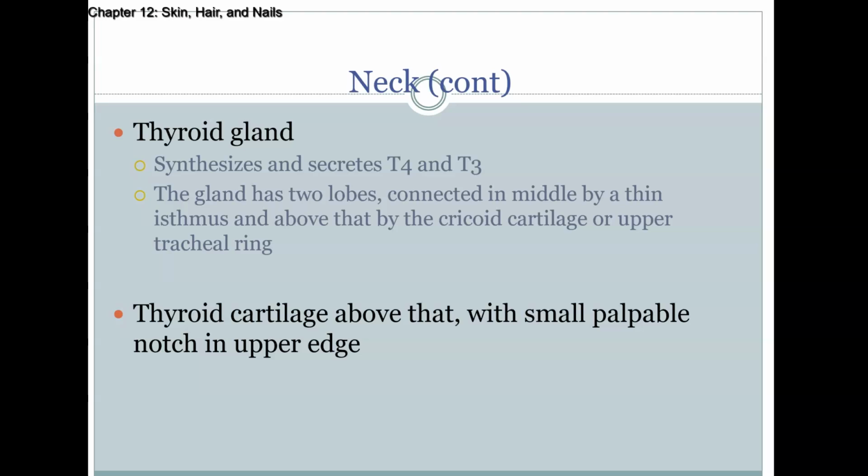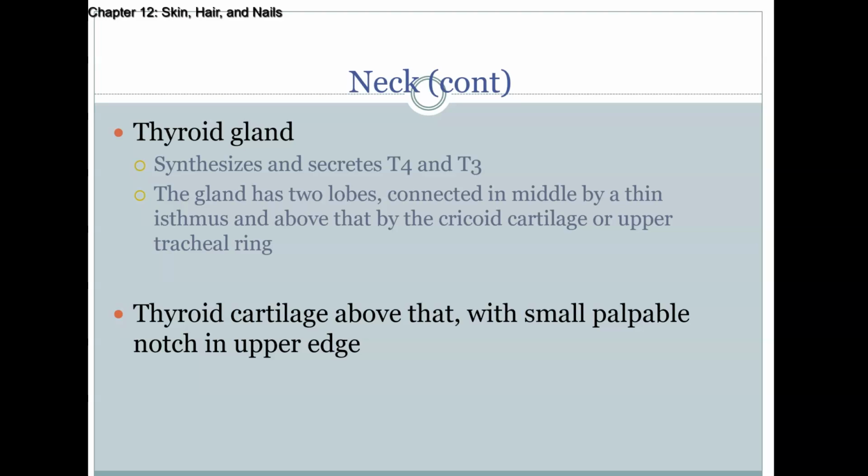And so, therefore, when you're palpating a person's neck, you shouldn't feel thyroid. All you should feel is the cartilage of the trachea, or what they call the cricoid cartilage, which is part of the thyroid cartilage. It's almost like a protection, and it meets the trachea. It's like a little notch that you can kind of feel when you're feeling the trachea.